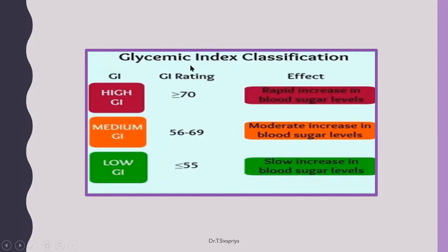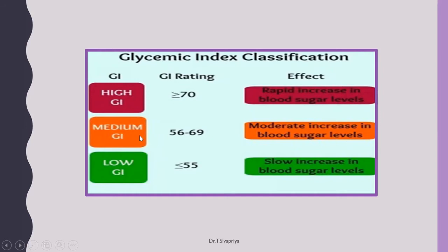Now, this is how the glycemic index is classified. Glycemic index is classified as high GI food, medium GI food, and low GI food. High GI foods are those that have a rank of 70 and above. They cause a rapid increase in blood sugar levels.